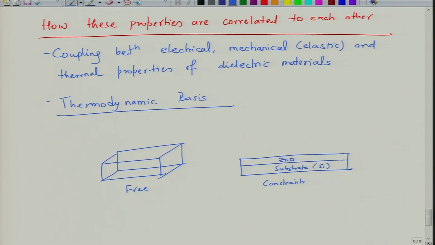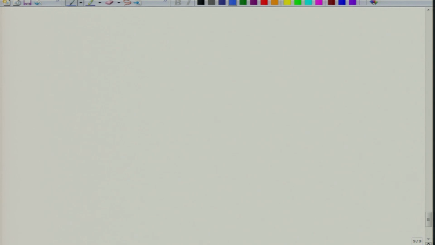So basically you would like to decouple these effects and understand them. It also allows you to choose which parameters can be allowed to change and which should be kept constant. That is what helps us determine a formalism.